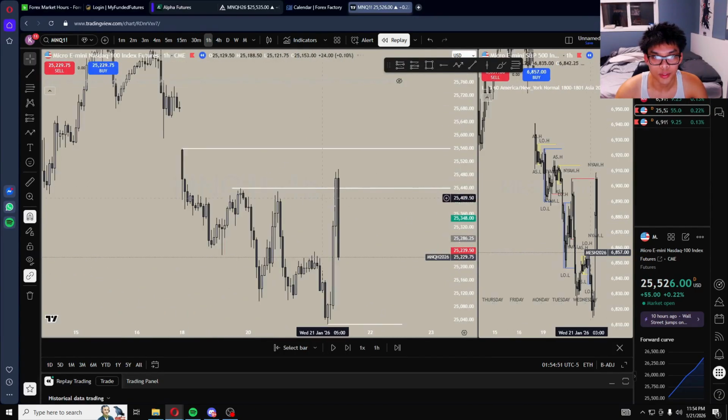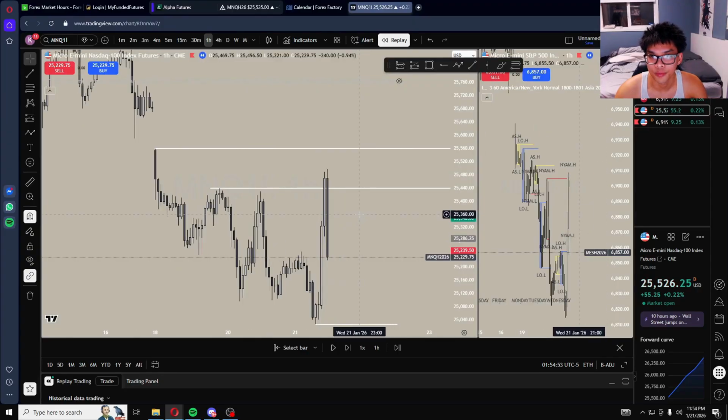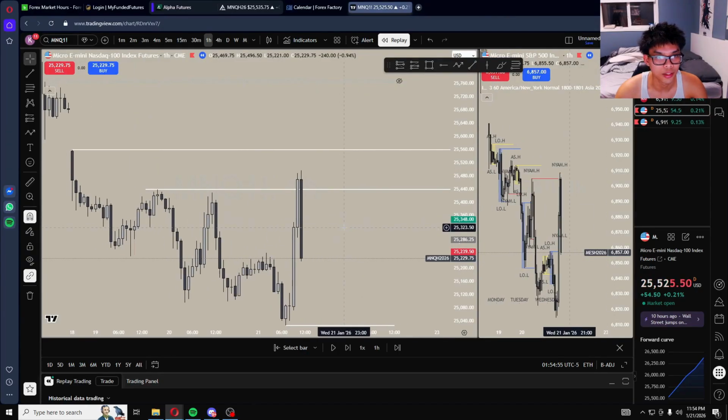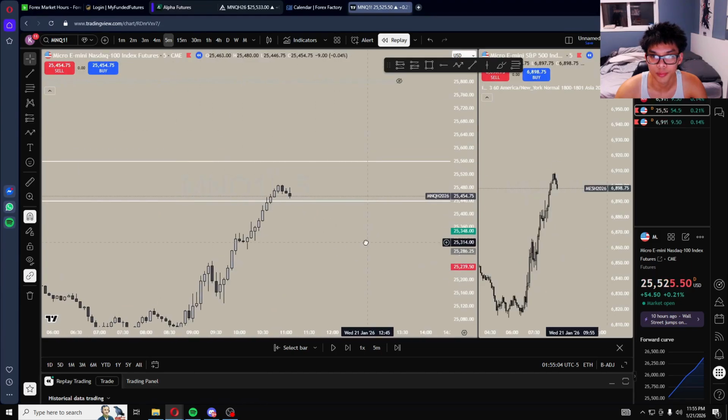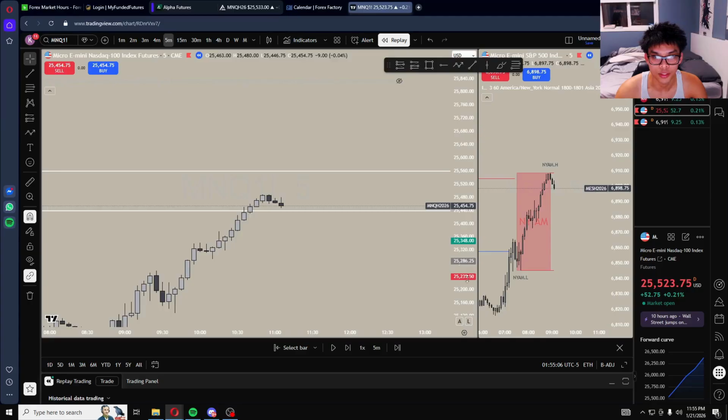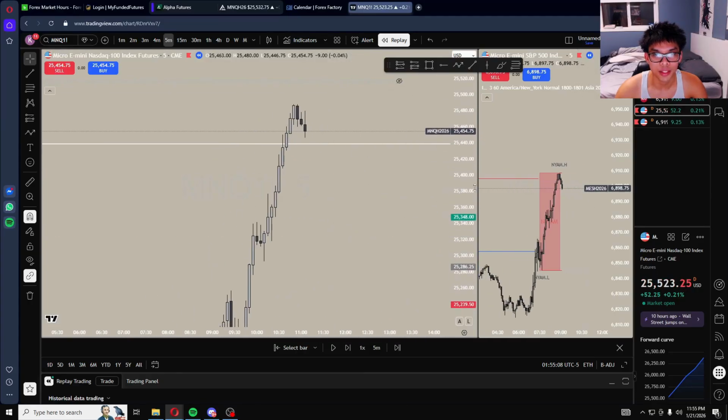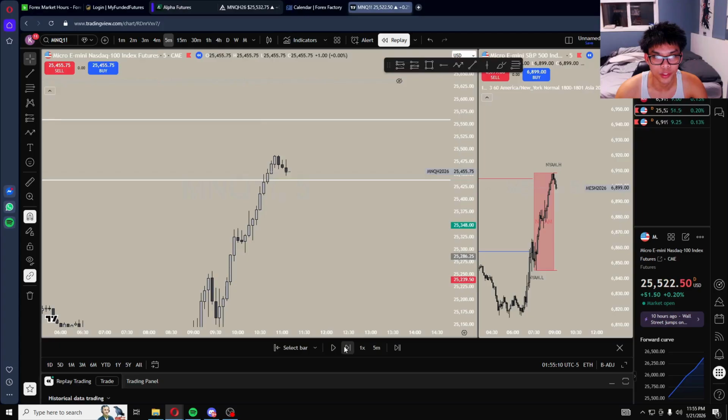Let's go on the 1 hour. Right? Took these. We had an SMT. I think it was in the lower time frame. Yeah, so this was my third trade, my bigger win trade.